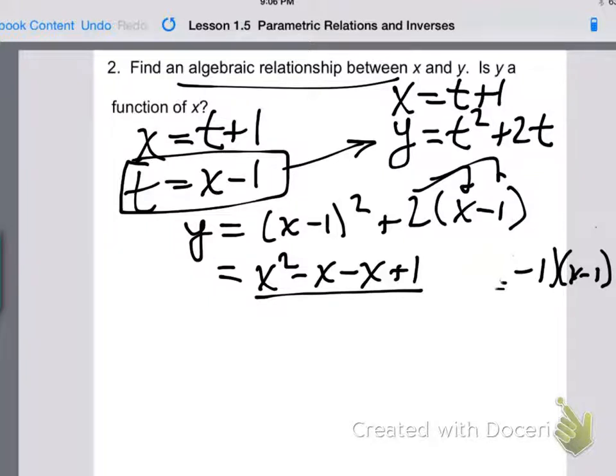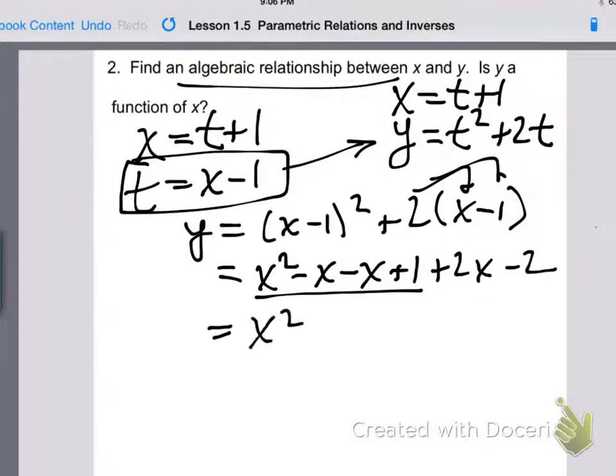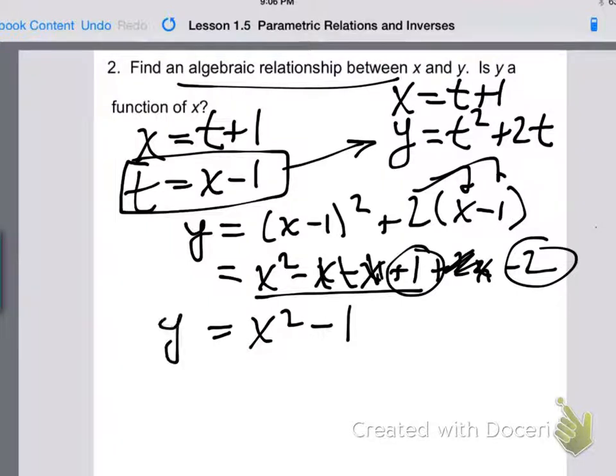And then add 2x minus 2. Combine like terms: I have x squared, negative x and a negative x is a negative 2x, but that cancels out with this positive 2x, so I just have a positive 1 and a negative 2. So I have x squared minus 1. So y equals x squared minus 1.